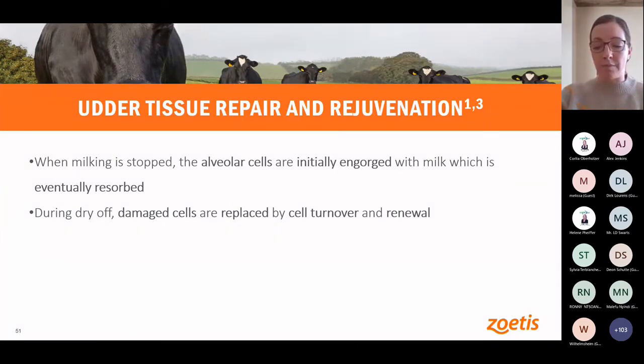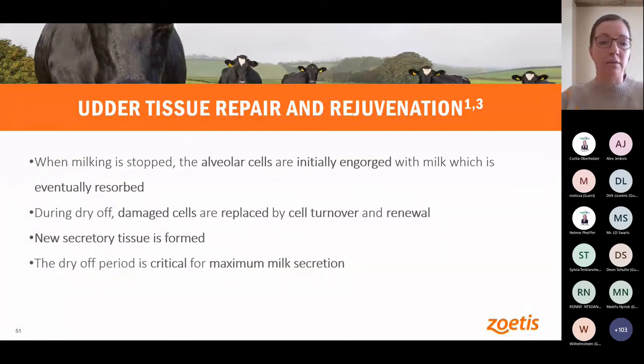That is very important. In addition, new secretory tissue is formed. So not only are you healing the udder, but you're also gaining more secretory tissue. It goes without saying that this period is really critical for maximum milk secretion.